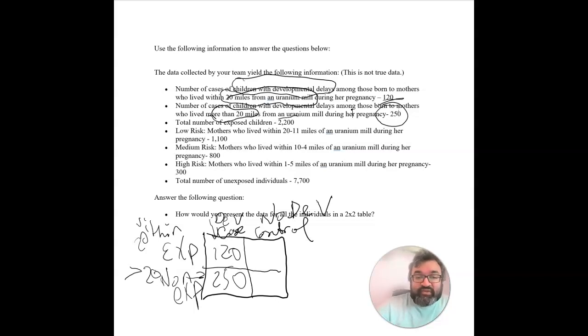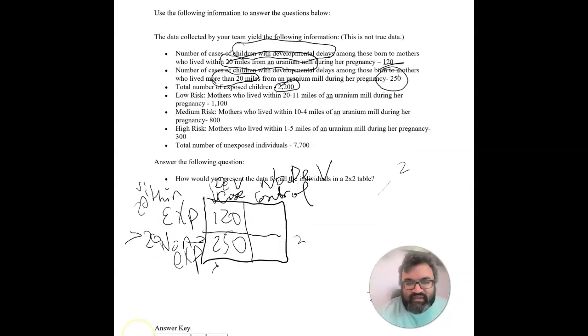Total number of exposed children is 2,200, and so this will give us 2,200 down here. So I'm going to write 2,200 a bit further away because, due to technical difficulties, this is not really working here. So let's put 2,200.